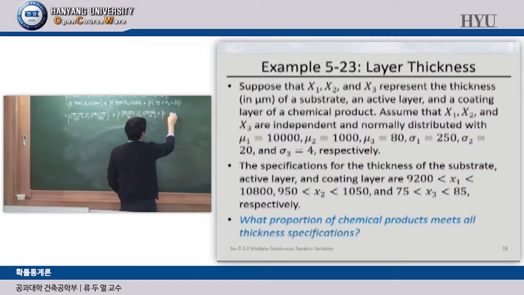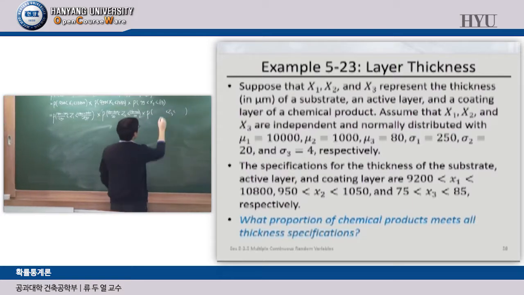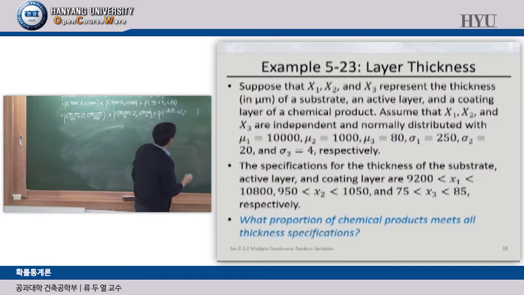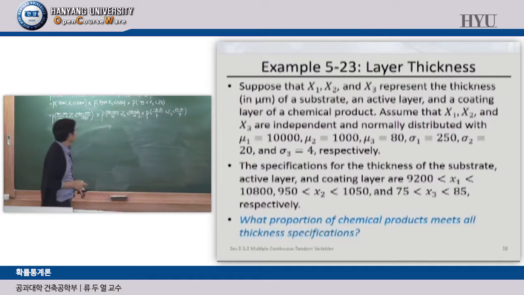And the probability of Z3. Z3 should be between 75 minus 80 over 4, and that is 85 minus 80 over 4. Okay?